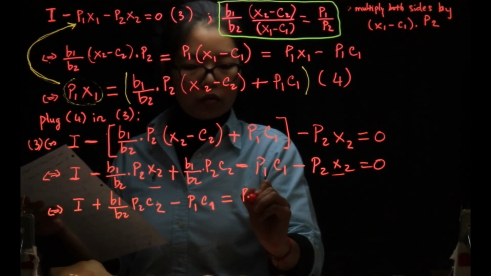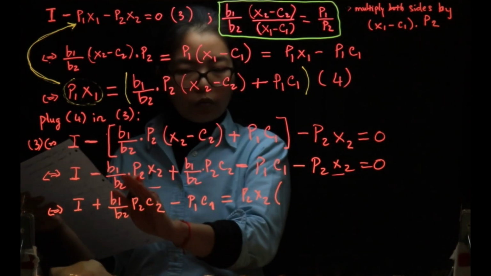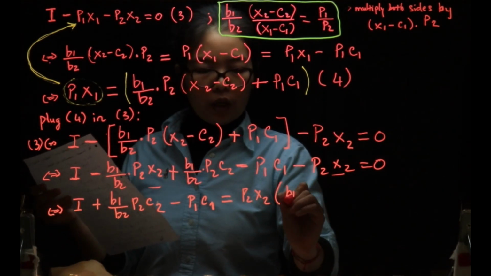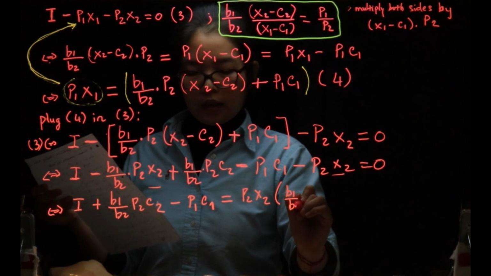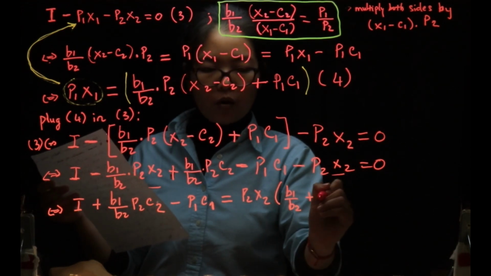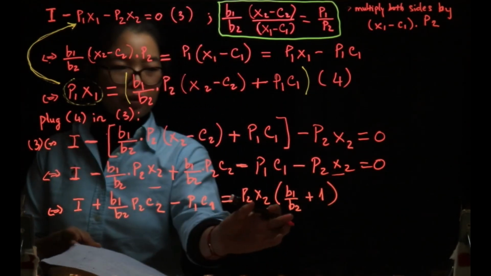So p2 x2 factor out. So what is in there? b1 over b2 plus 1, right?